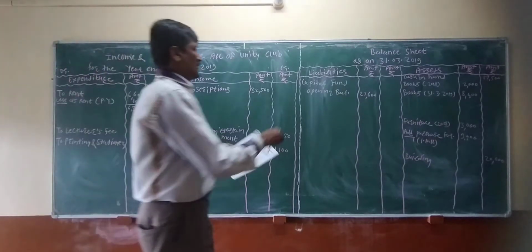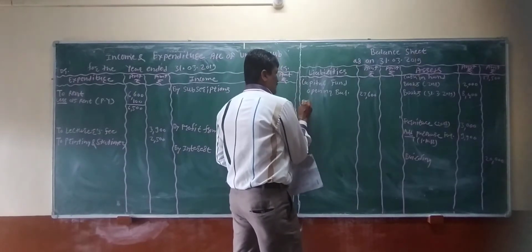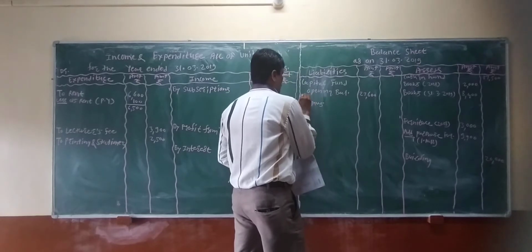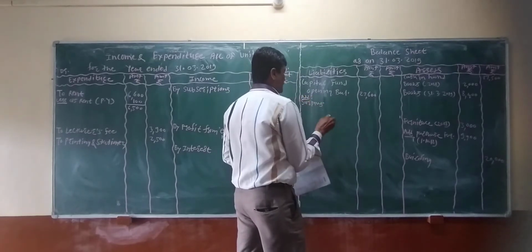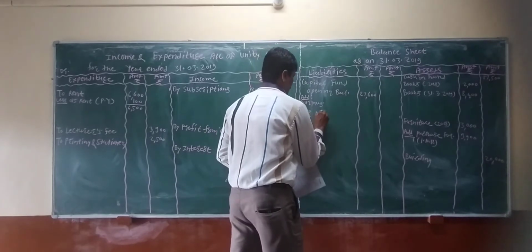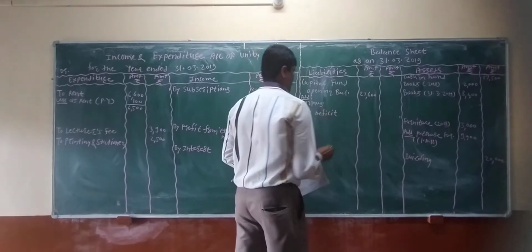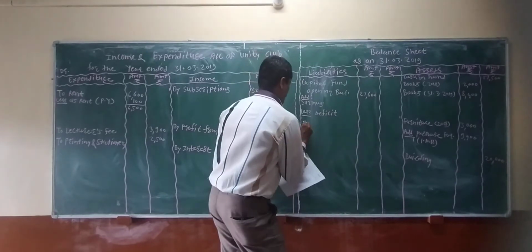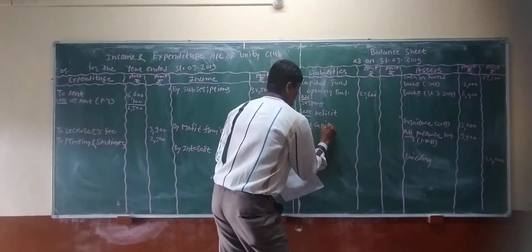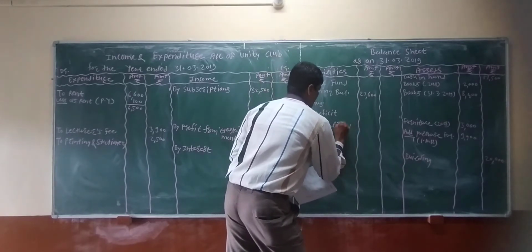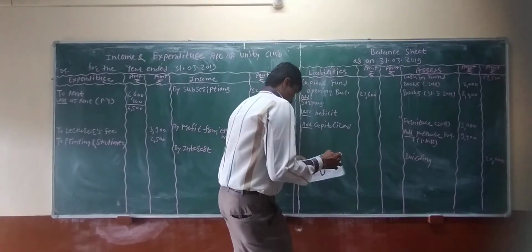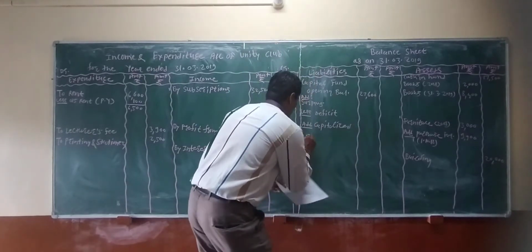Capital fund. So next, add surplus, less deficit. Okay. Add capitalized items.